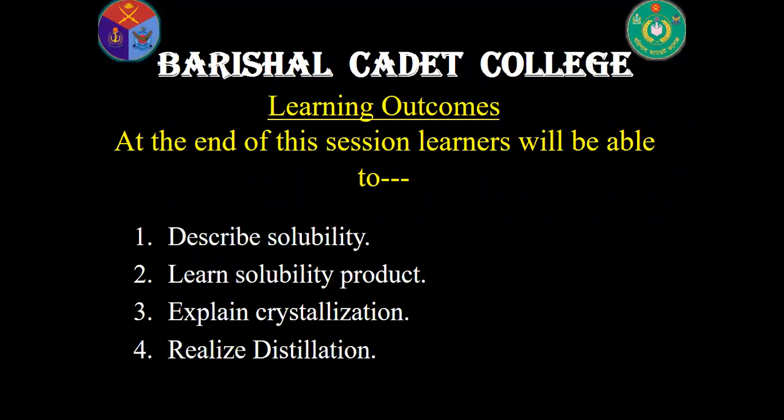By the end of this session, cadets, you will be able to describe solubility and solubility product. You can find the relation of solubility and solubility product, explain crystallization, and realize distillation.